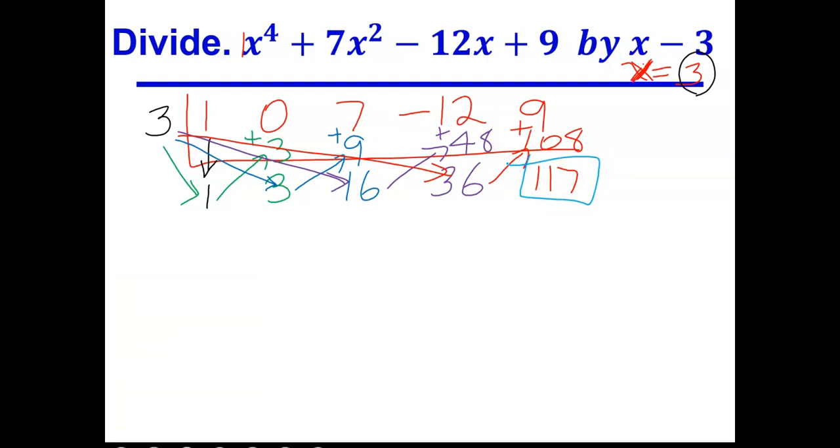This is the remainder if we divide this polynomial.